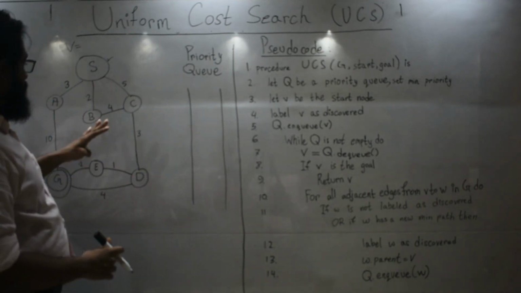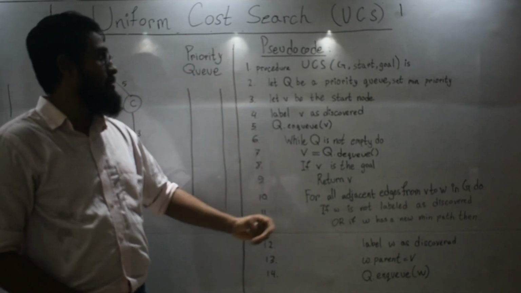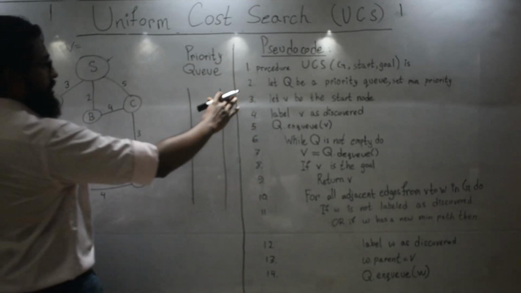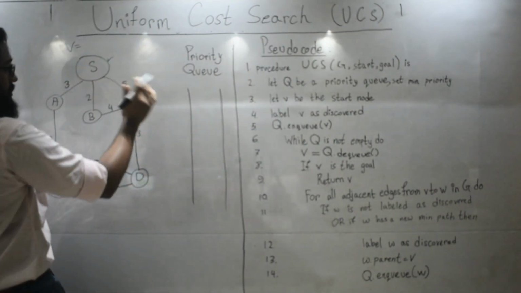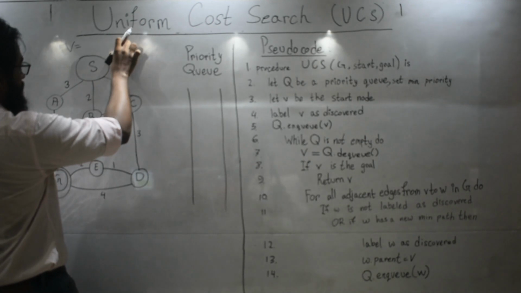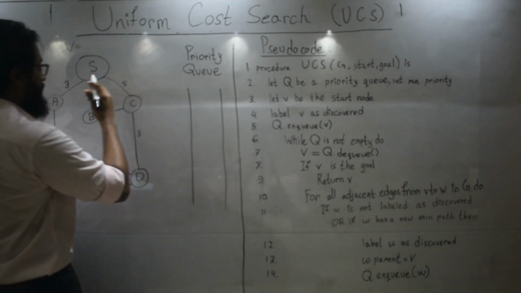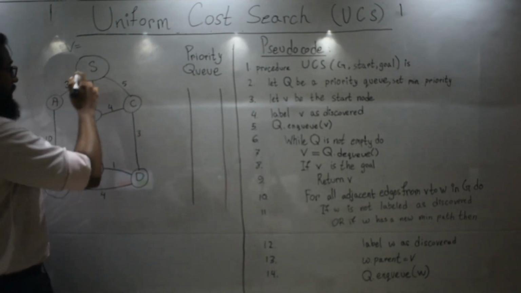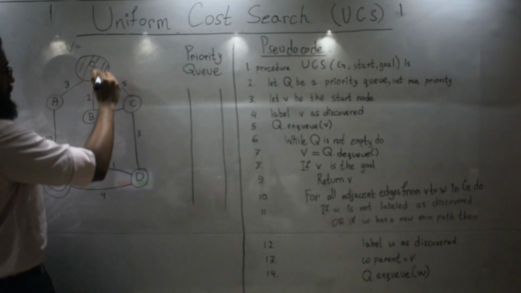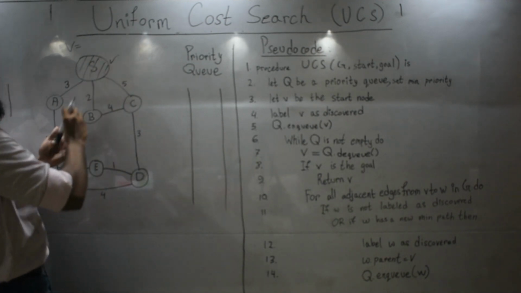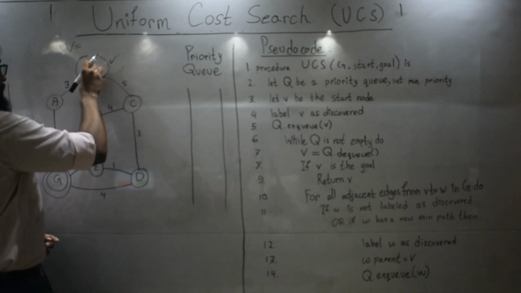So to perform uniform cost search on this, let's follow the entire pseudocode. Let there be a queue. Let V be the starting node. This is my starting node. So label V as discovered. For this question, instead of just marking it like this, let's discover it using a tick sign because that's more neat.